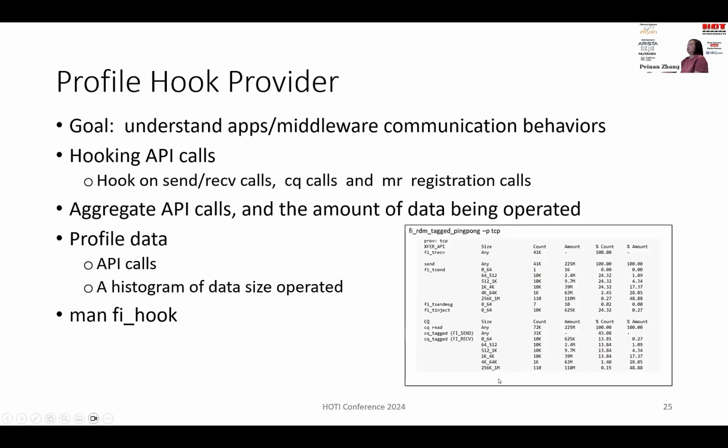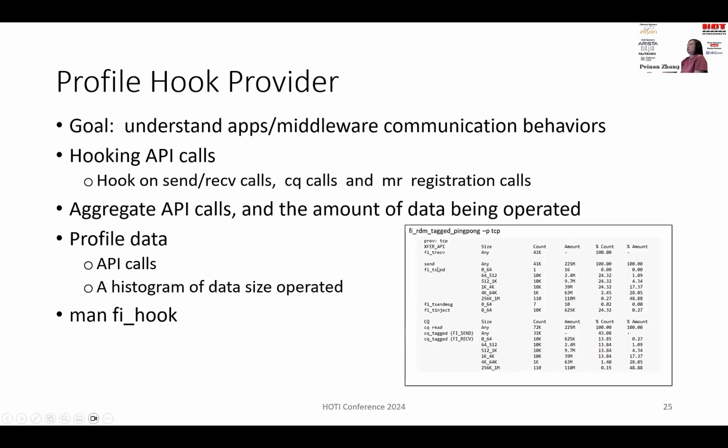The second column shows the message size bucket, and the rest of the columns show the distribution of API calls in each bucket in terms of the number of calls, counts, and the total amount of such calls, and the percentage count and the percentage amount of data. So this will give you some idea how the application uses the communication API.